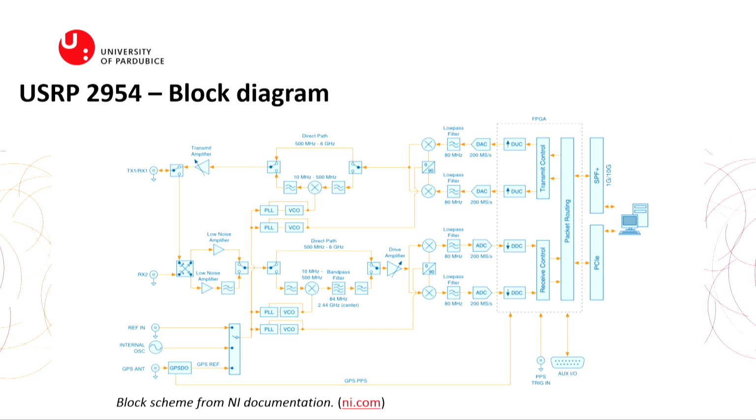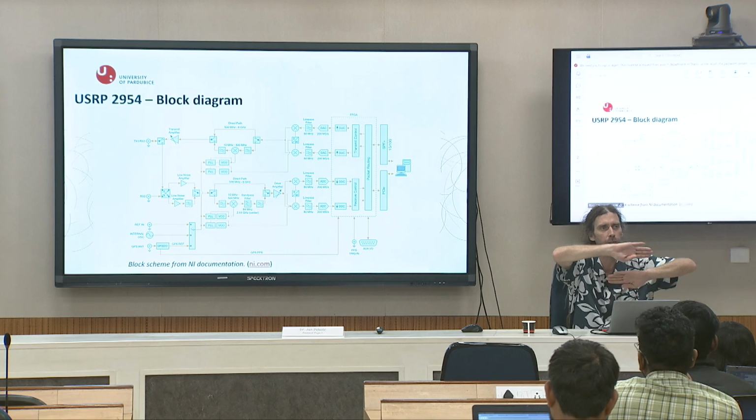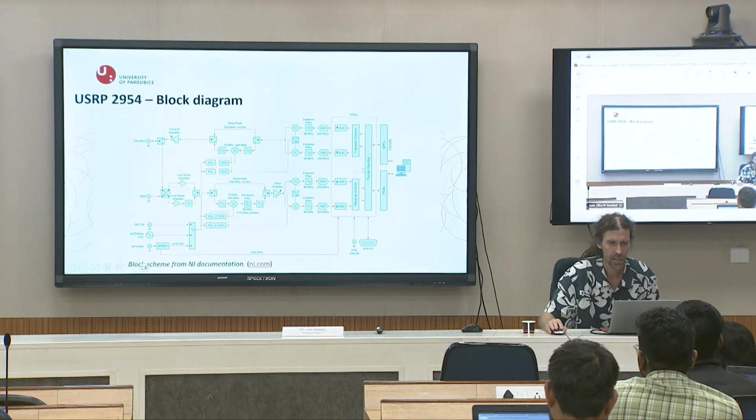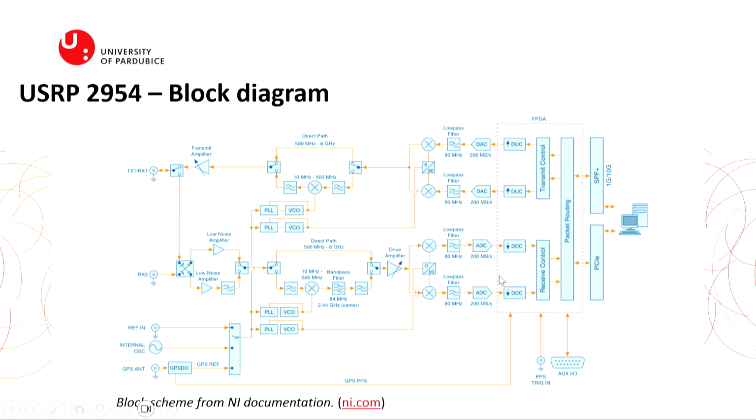So they have 2 ways, one for one bandwidth and the second for the other. And this is really similar to the first one, only there are 2 receiving parts. So you have low noise amplifier, filtration, direct path, and low bandwidth path, drive amplifier, ADC conversion, so there is digital data, receive control, and you are gathering data.